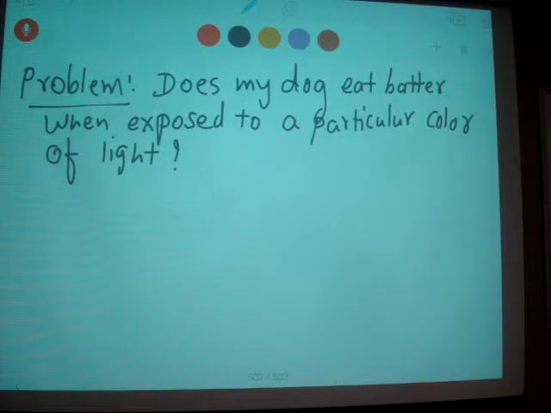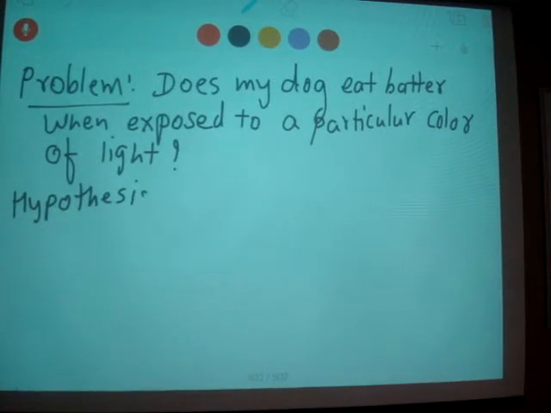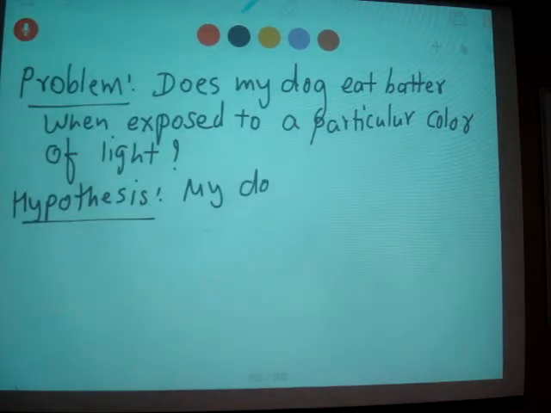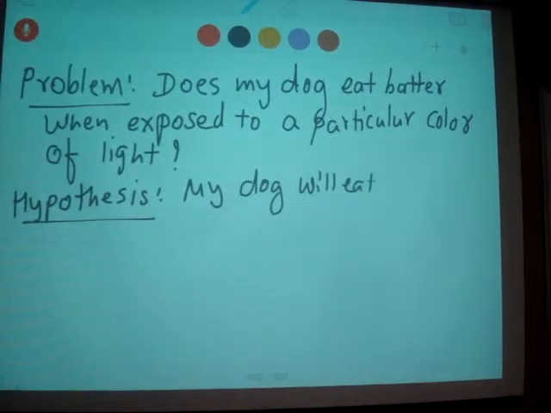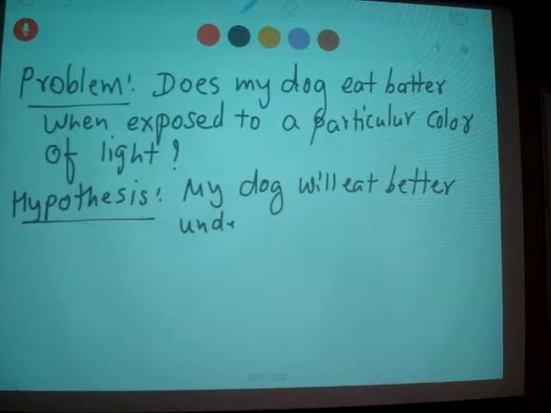Then they follow hypothesis. What's their hypothesis? My dog will eat better under red light.